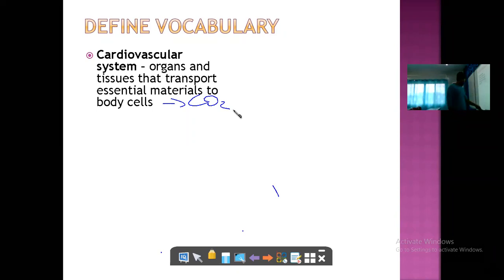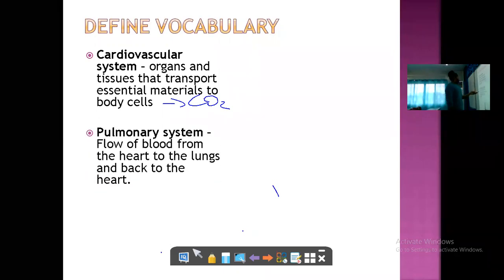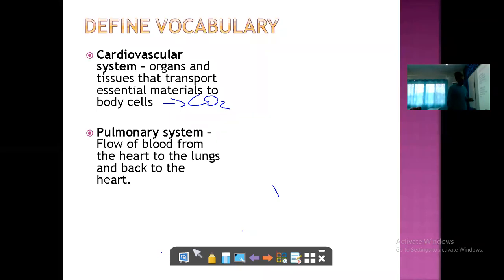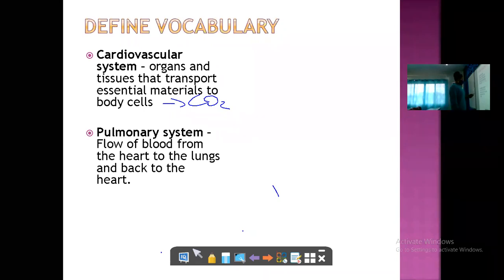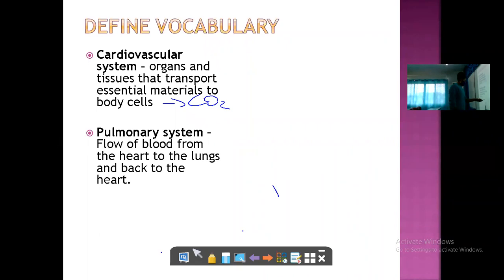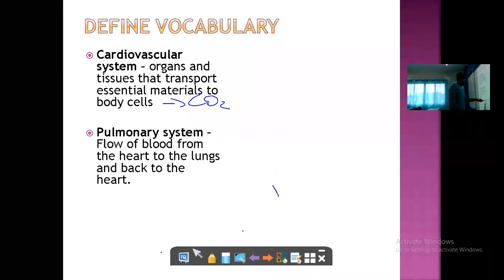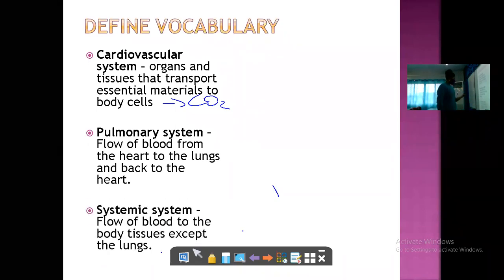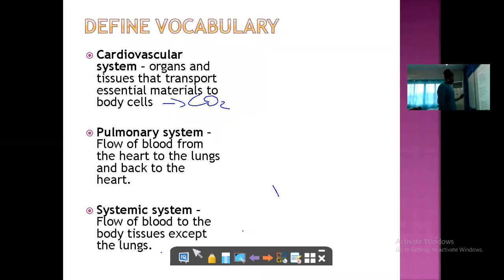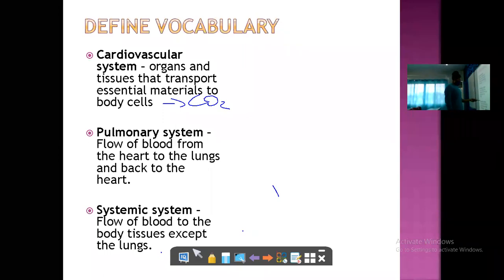Okay, the next one, pulmonary system, the flow of blood from the heart to the lungs and back to the heart. I guess you have heard people saying the human transport system is sometimes referred to as the double circulation. The reason is that the human transport system has a pulmonary circuit and a systemic circuit.